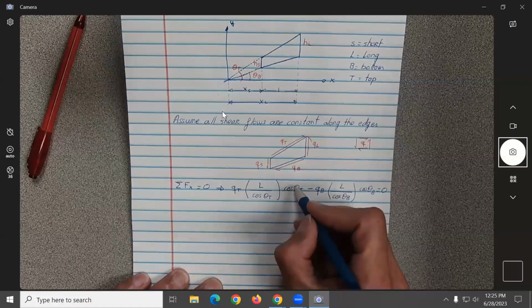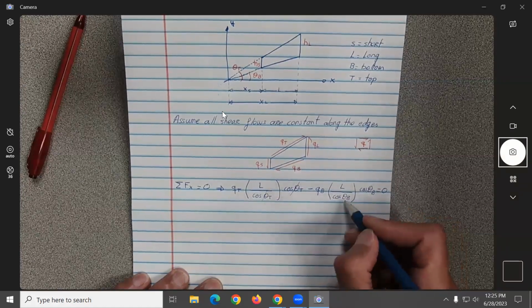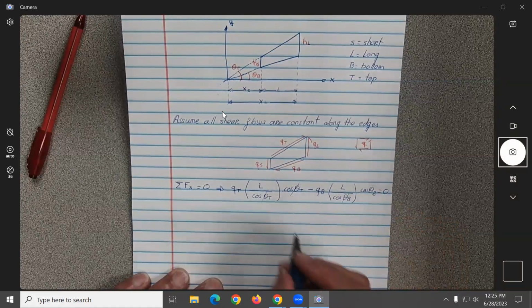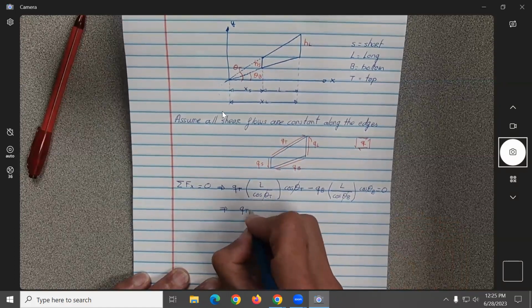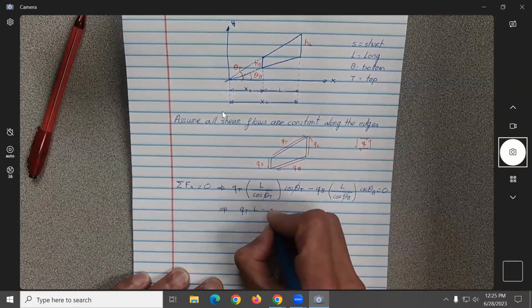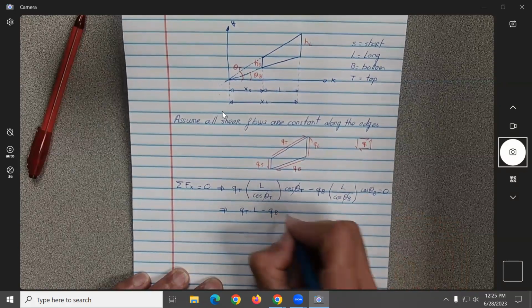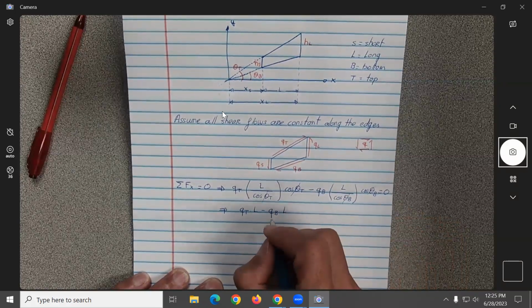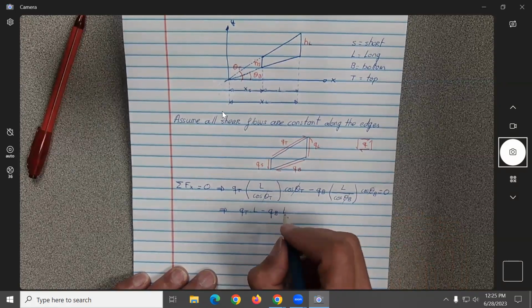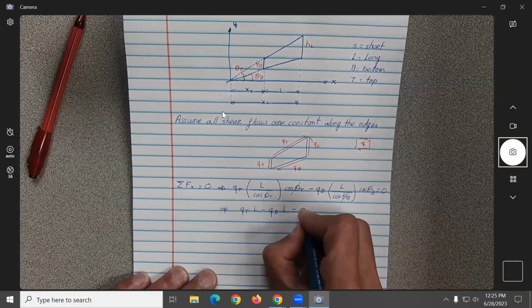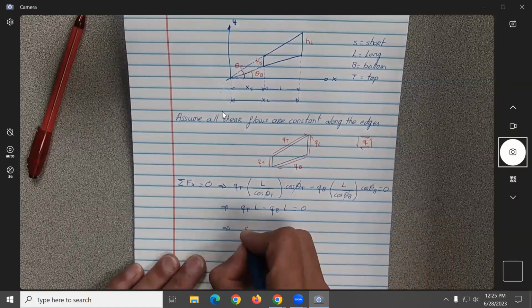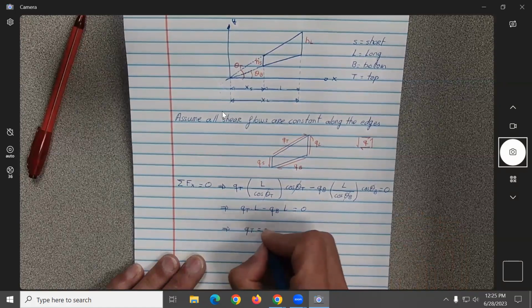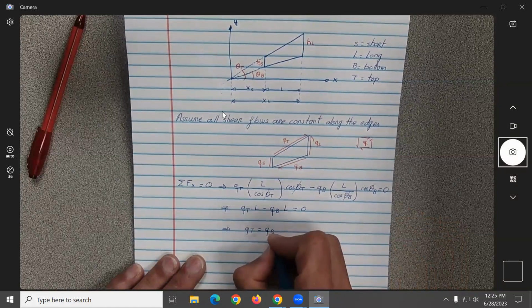So this becomes, you see, this cancels, and cancels. So it becomes very easy. This means that Q top times L minus Q bottom times L equal to 0. So from this equation, we can determine that Q top will be equal to Q bottom.